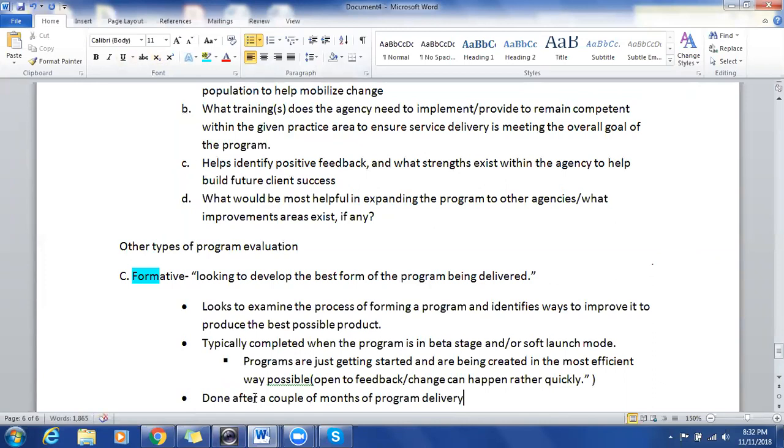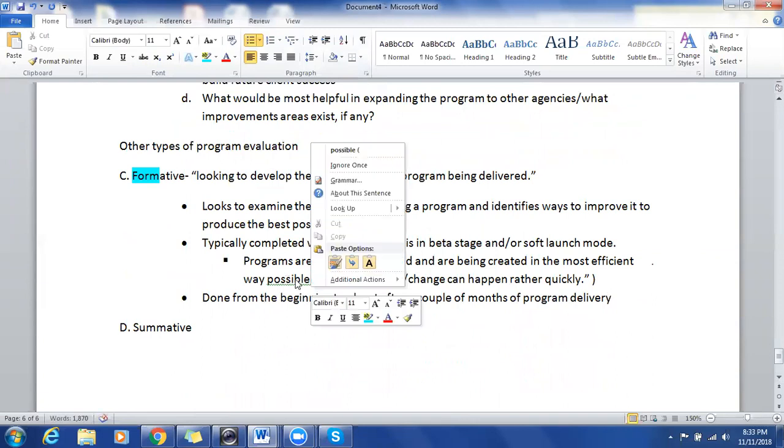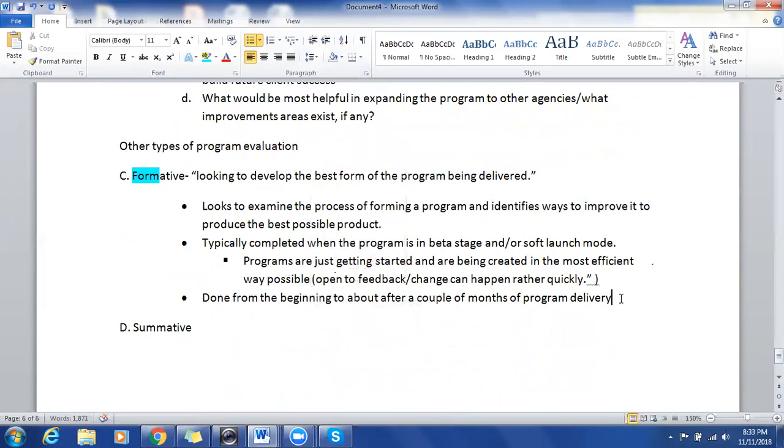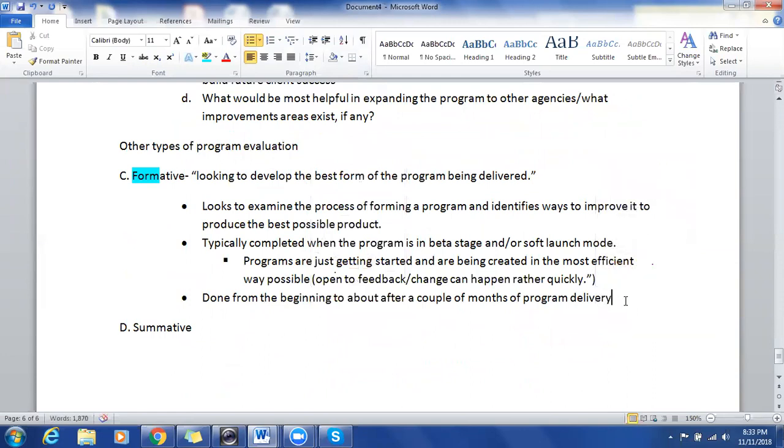So done from the beginning to about after a couple of months, because if you remember right, in the soft launch, we typically are able to make changes relatively quick because we don't have a system established in place.